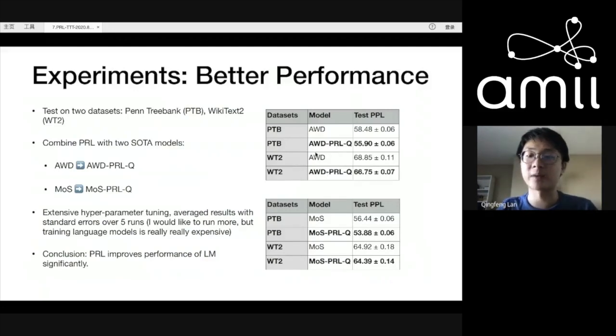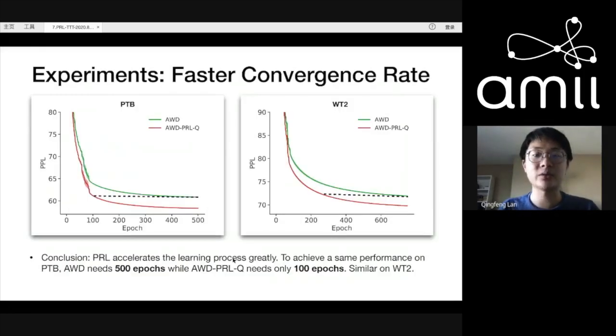You can see that when combined with PIL, the test perplexity is significantly lower for both data sets. And we have similar results when PIL is combined with MoS. So we can draw the conclusion that PIL improves the performance of language modeling significantly. Later, we also drew the learning curves.